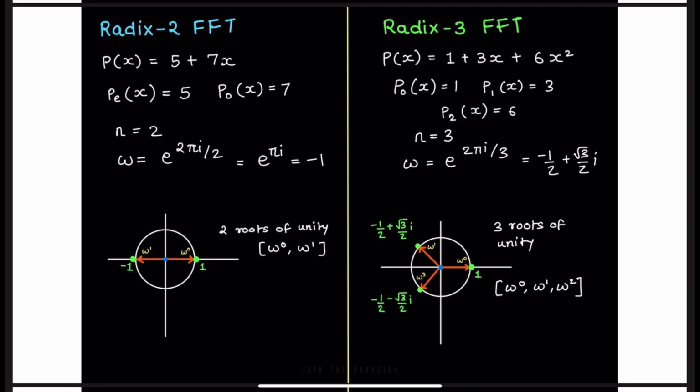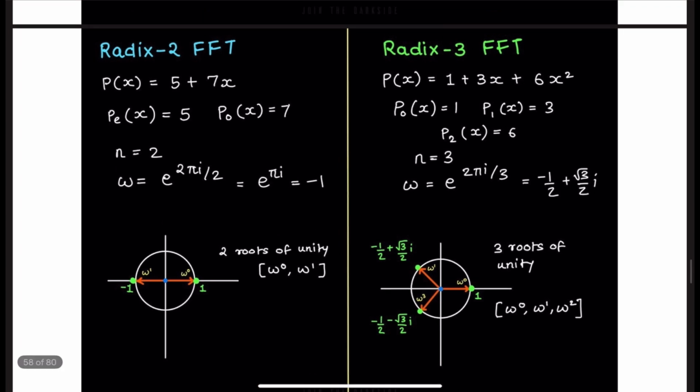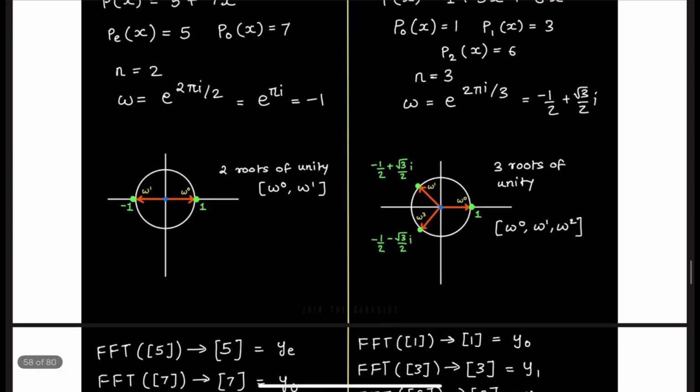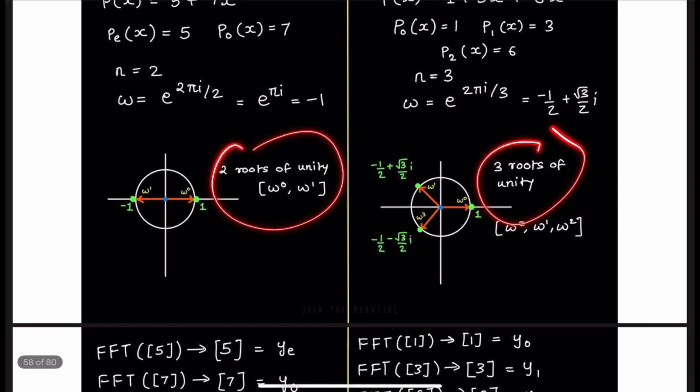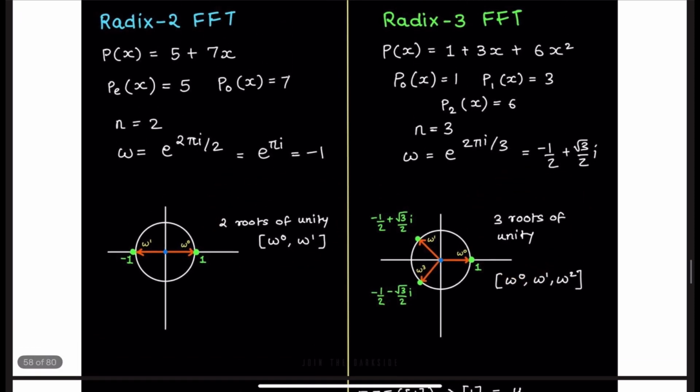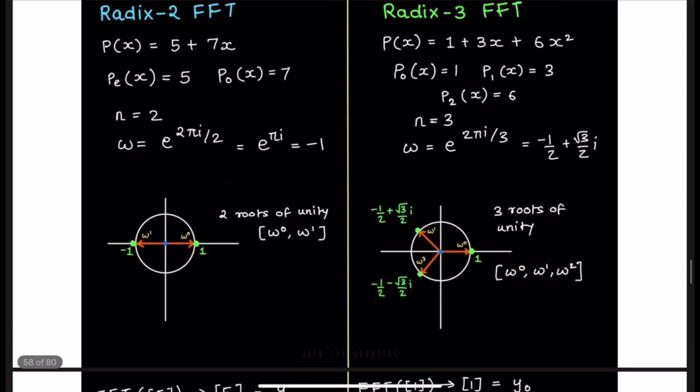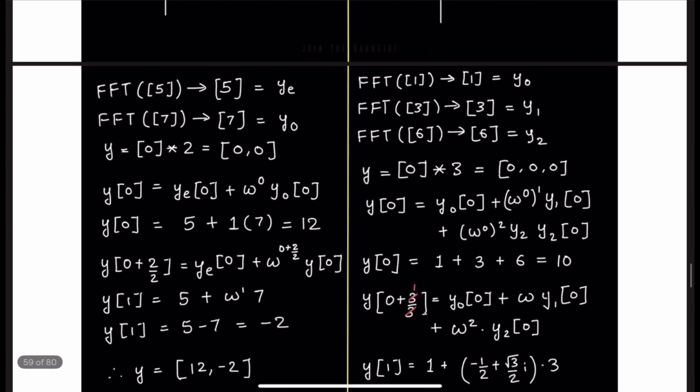So here's the difference between radix 2 and radix 3. Radix 2 uses two roots of unity, and radix 3 of course uses three roots of unity. Here there are two parts, here are three parts. This is just an example to explain the difference between them.